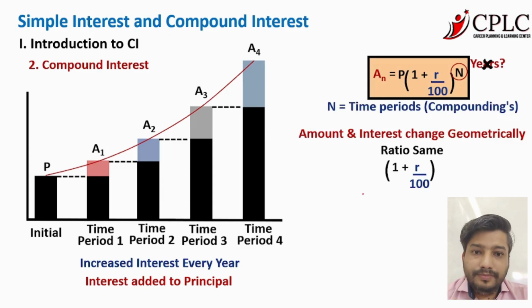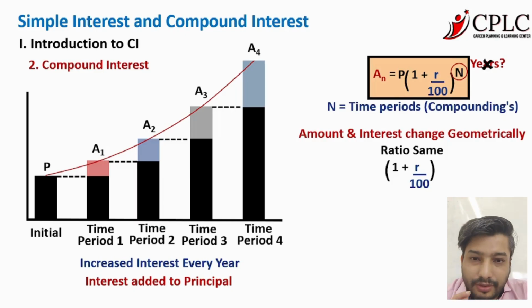Now why so? Let me give you a very quick idea so that you can understand this clearly. Let's say your duration is 1 year, and you are going to do annual compounding. This means that in every 1 year the compounding is going to happen only once, because it is annual compounding. But if the duration is 1 year and the compounding is going to happen on a 6 month period or half yearly basis, this means that in 1 year the compounding is going to happen 2 times.